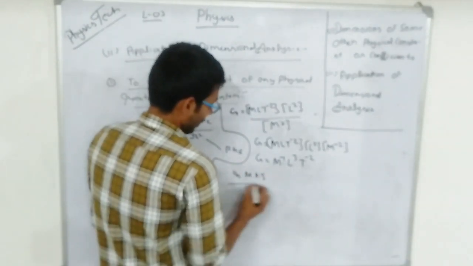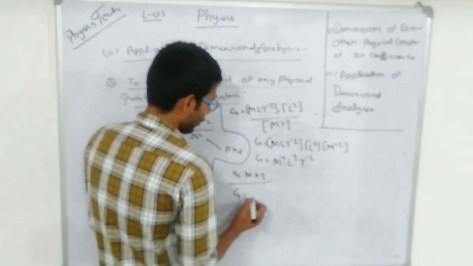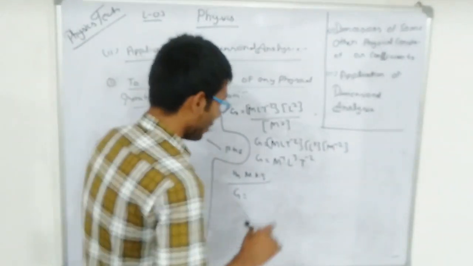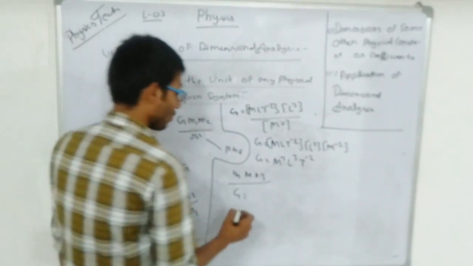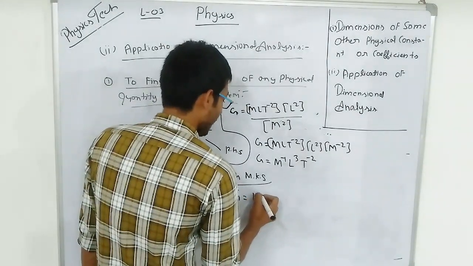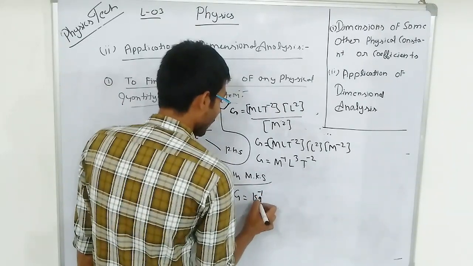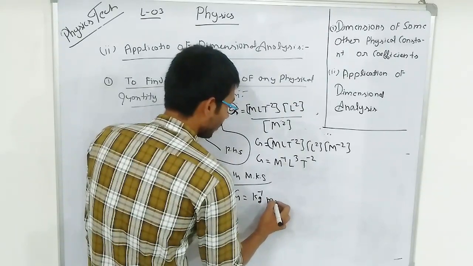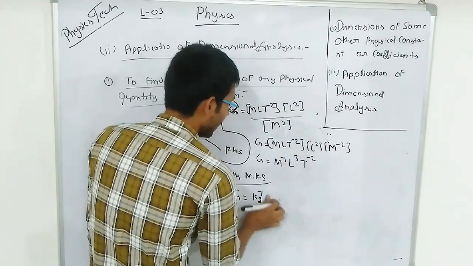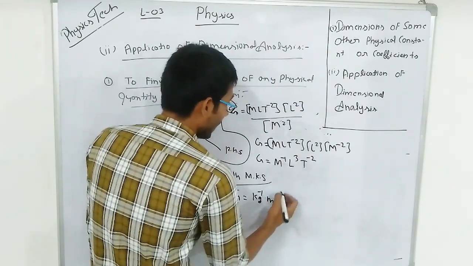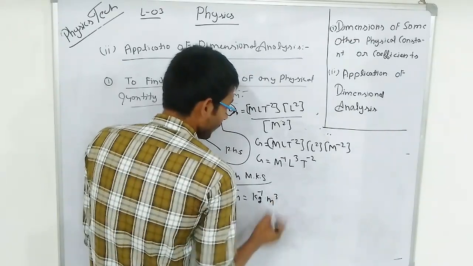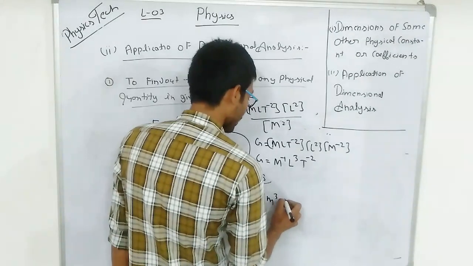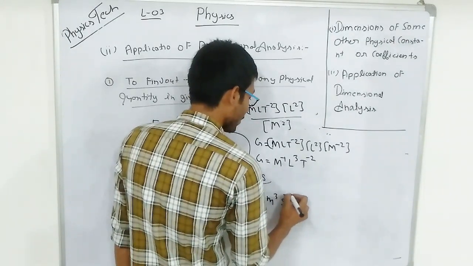Yes, in MKS system G is equal to M, mass in kilogram, so kg base minus 1, L means length in meter, so m base 3, and T means second, s base minus 2.